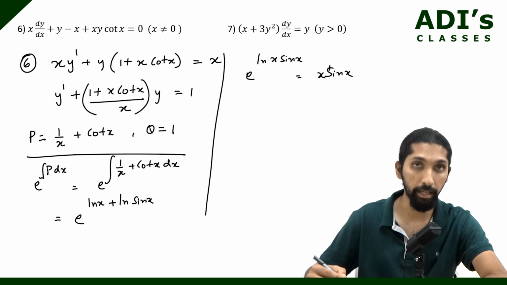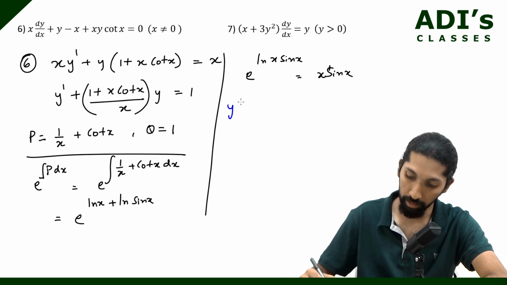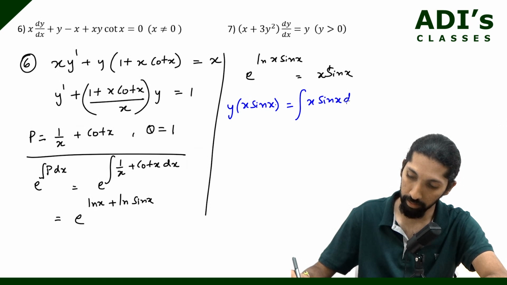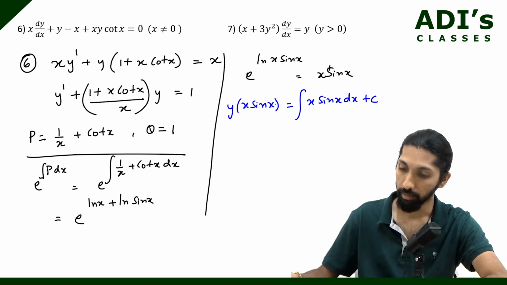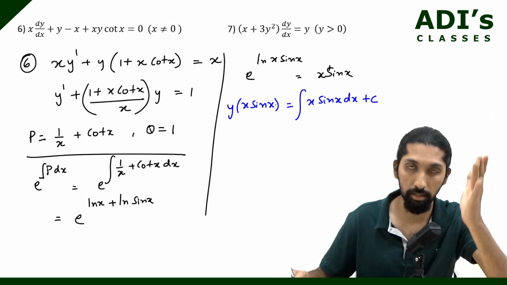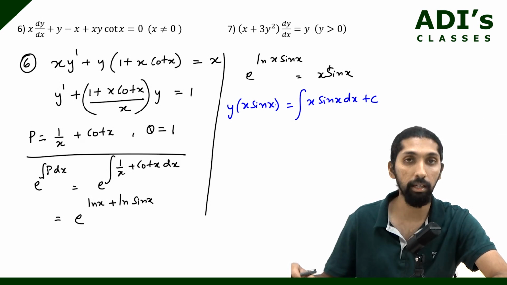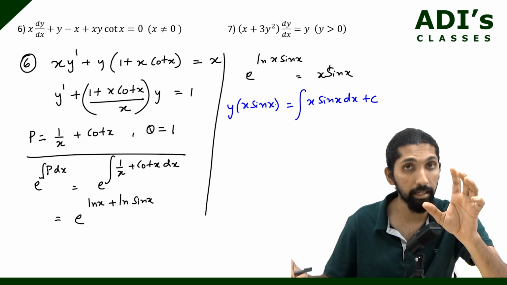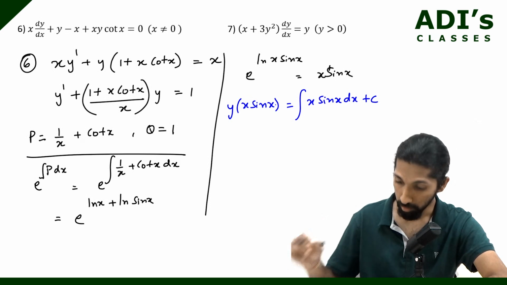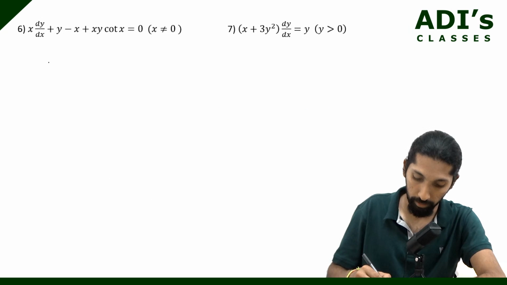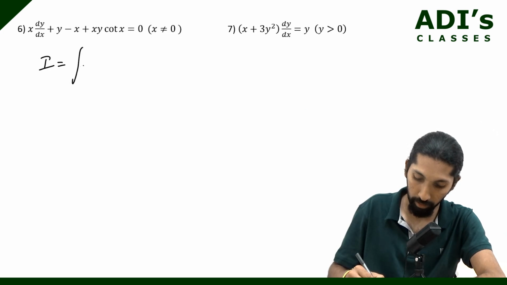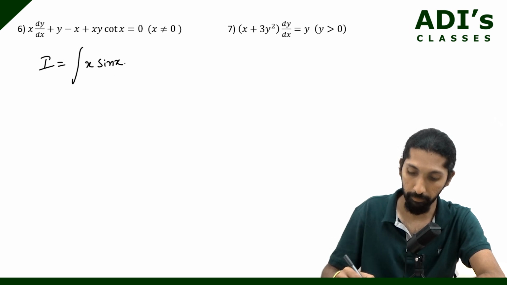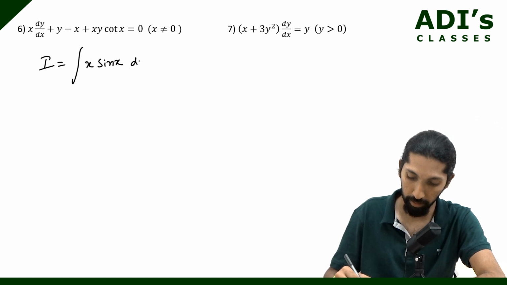Now the formula: y into x sin x is equal to integral of x sin x dx plus c. Because q is 1, no? 1 into x sin x is just still x sin x. X into sin x, again, you use the product rule, in the sense the integration by parts method, isn't it? So let's do the final math now. See, I is equal to integral of x into sin x dx.